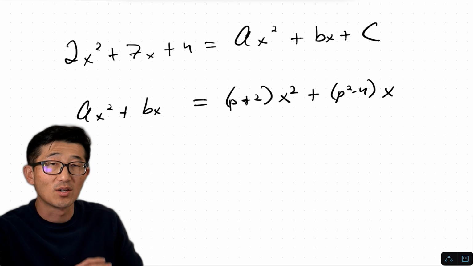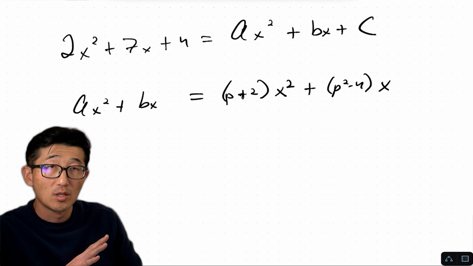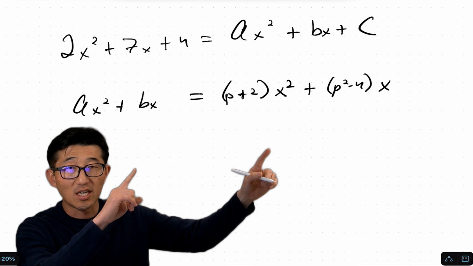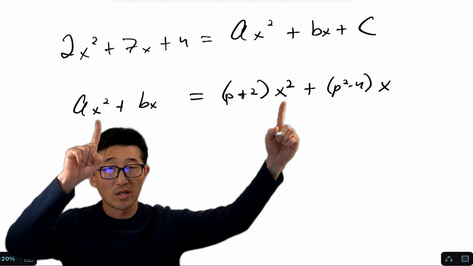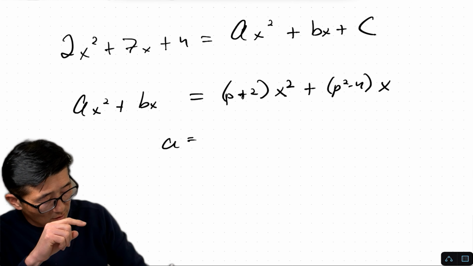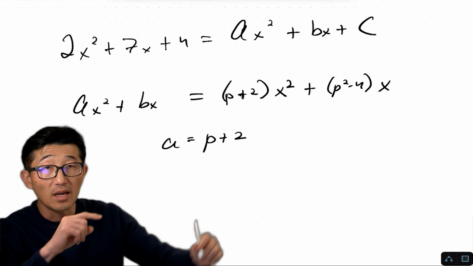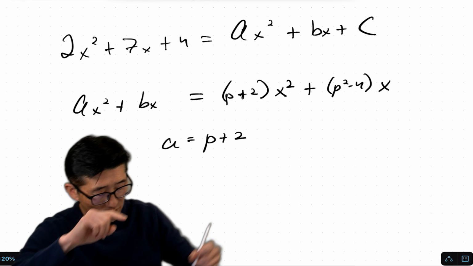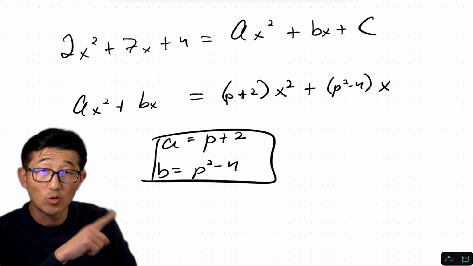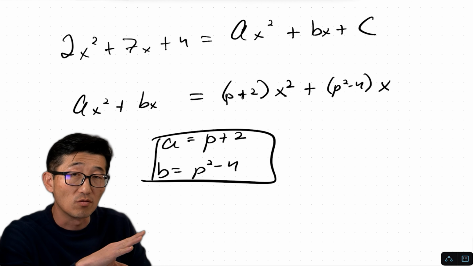Now that one looks kind of weird, right? But you realize it's essentially the same setup. X squared is attached to this, so these two must be exactly what? Equal. And then b and p squared minus 4 must be what? Equal. Now you have two equations with two variables, and you could substitute and solve.